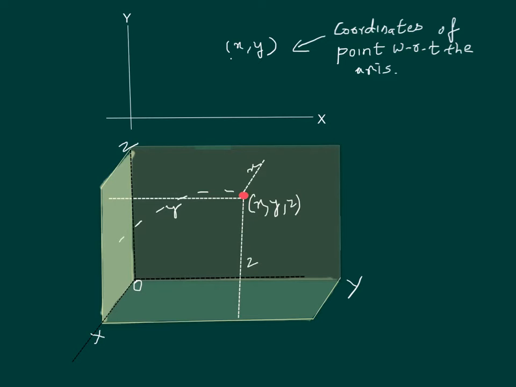Now we can say that the three planes intersect along the lines XOX dash, ZOZ dash and YOY dash. Clearly, XOX dash, ZOZ dash and YOY dash are perpendicular to each other, and these lines constitute the rectangular coordinate axes.